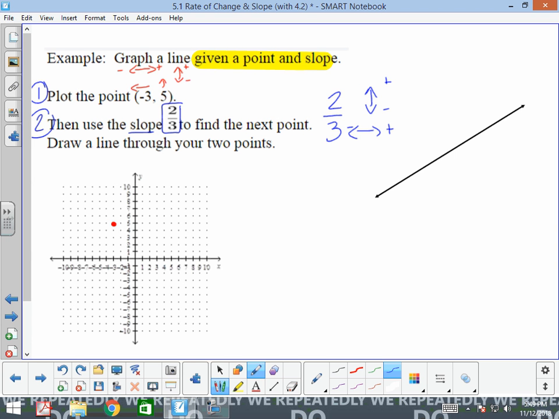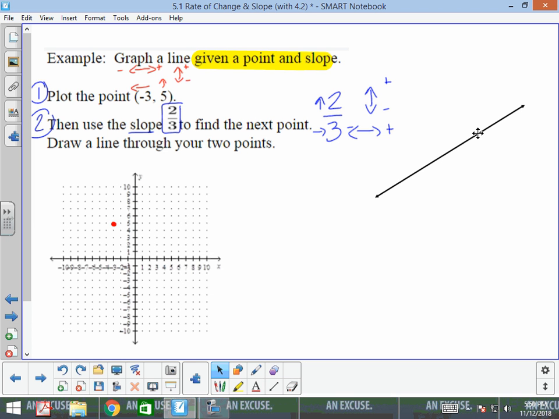So in this point, we're going to go up 2 and then right 3 from the point -3, 5. So we're going to go up 2, 1, 2, and then right 3. 1, 2, 3. So that's where our second point is going to land, right there on the y-axis.